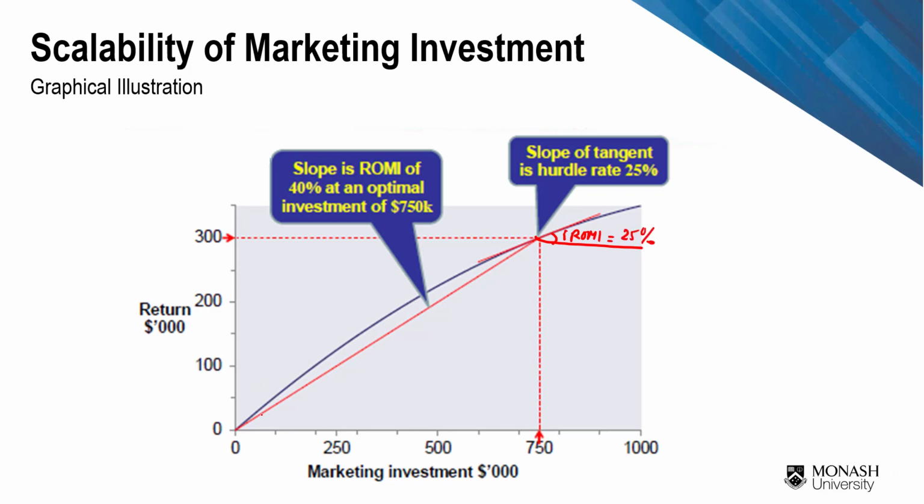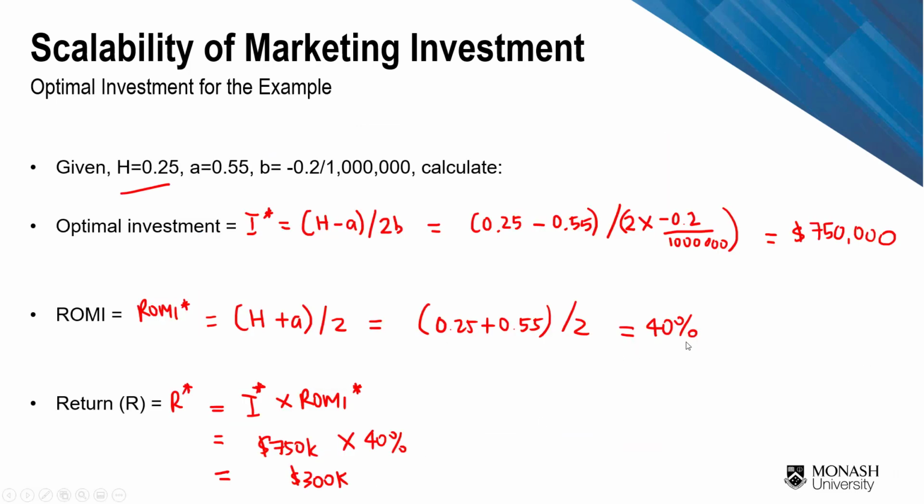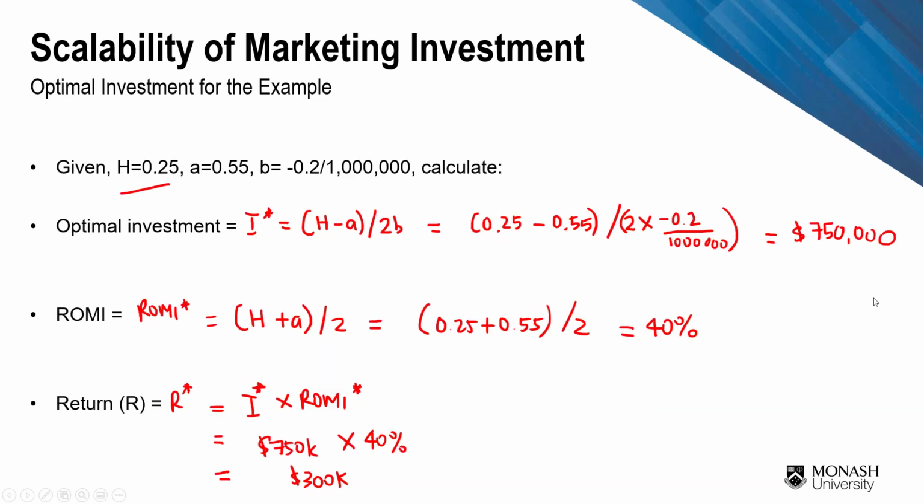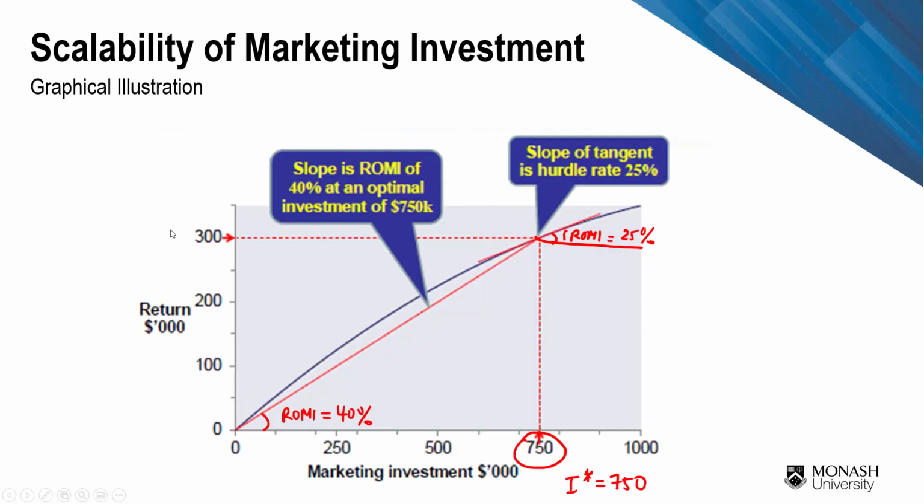And this will give me my ROMI of 40% as told in the previous example. It gives me my marketing investment, I star, which is 750K, the same as what we calculated, and also my return, or R star, of 300,000.